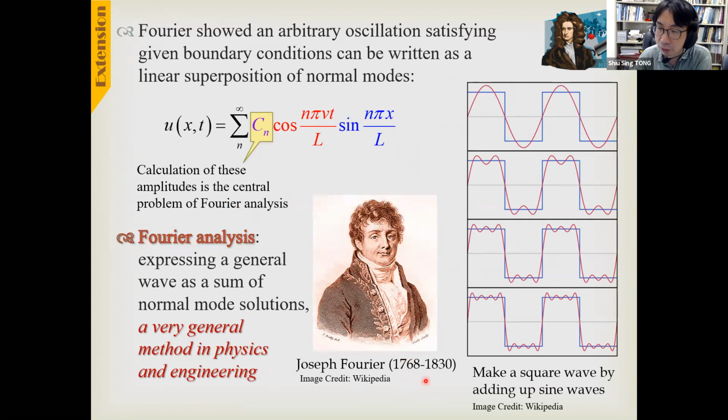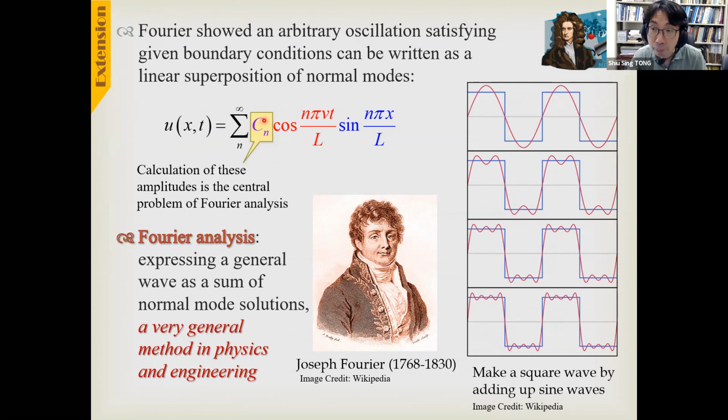Fourier is a famous mathematician in the late 18th to early 19th century, and he has proven that any arbitrary vibration on a taut string can be written as a superposition of the normal mode solutions. So we choose a set of coefficients.